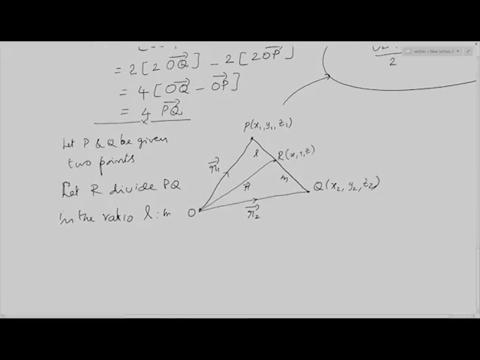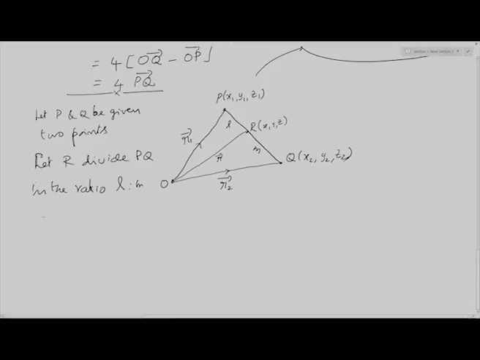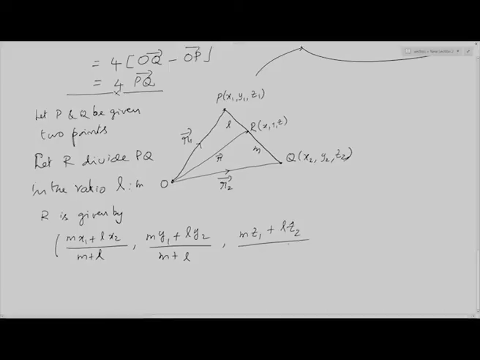Now in geometry you might have studied that the point R is given by the coordinates mx1 plus lx2 divided by m plus l, my1 plus ly2 divided by m plus l, comma mz1 plus lz2 divided by m plus l.